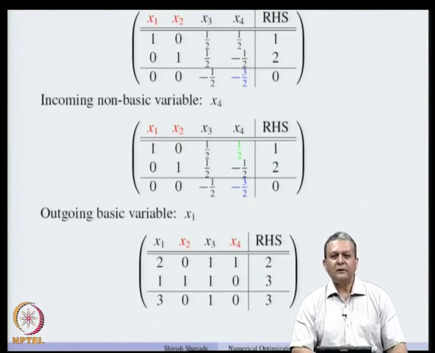Now, again doing the same matrix operations, you will see that x2 and x4 are the basic variables, x4 equal to 2, x2 equal to 3, and associated with the non-basic variables x1 and x3, the costs are 3 and 1, which are positive. So, that means that we have indeed found a solution where the objective function value is -3.